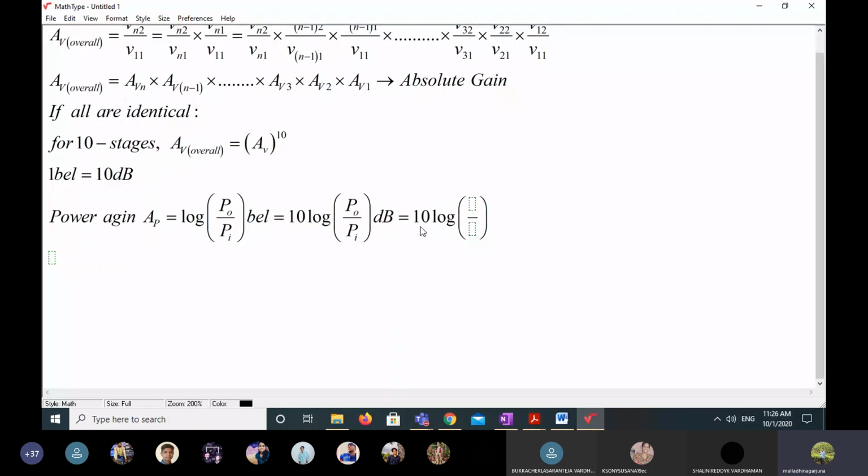P naught is V naught squared divided by R, where R is the output impedance, and coming to the input, Pi equals Vi squared divided by Ri.